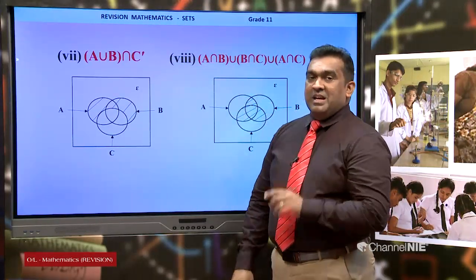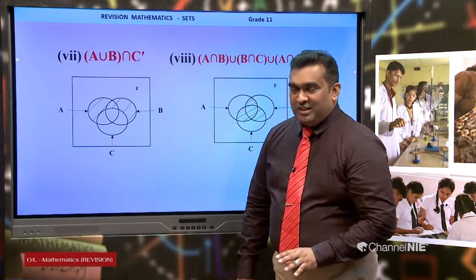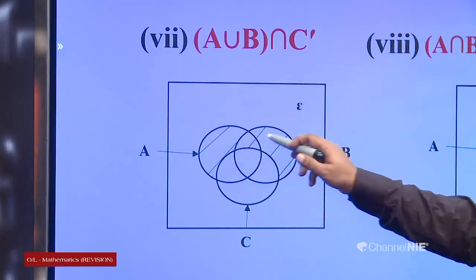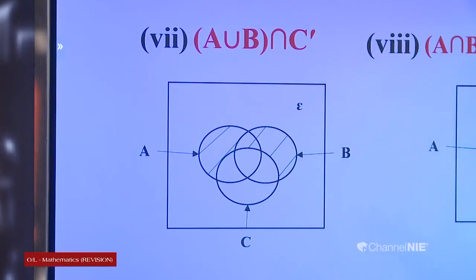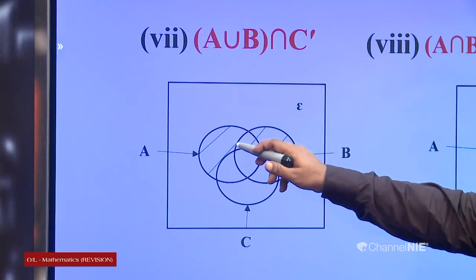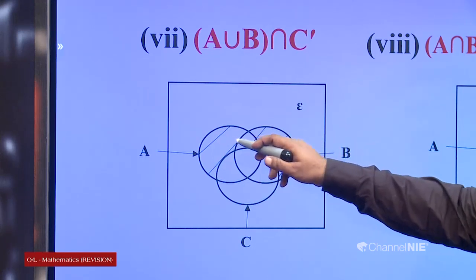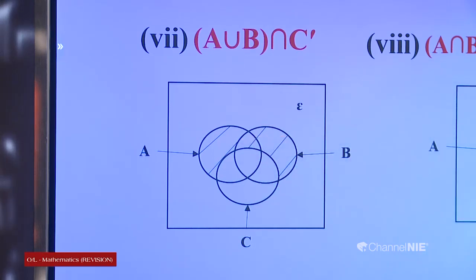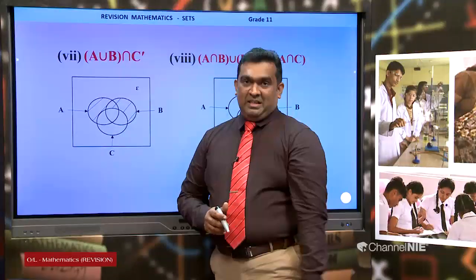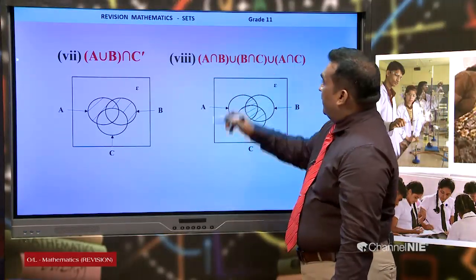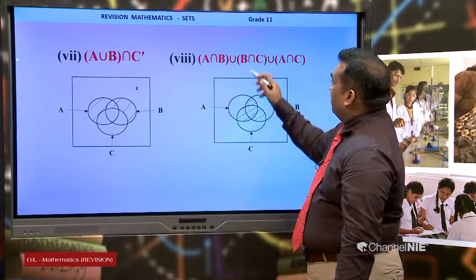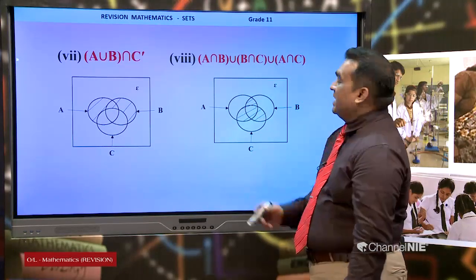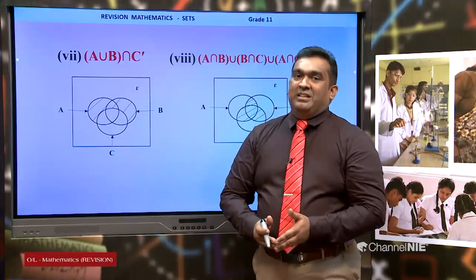This one, A or B, all the regions, but complement of C, you have to remove the portion of C. This is called only A or B, except C, not only A and B. In the previous example, it was only A and B. This one, A intersection B union B intersection C union A intersection C. Common regions getting together.